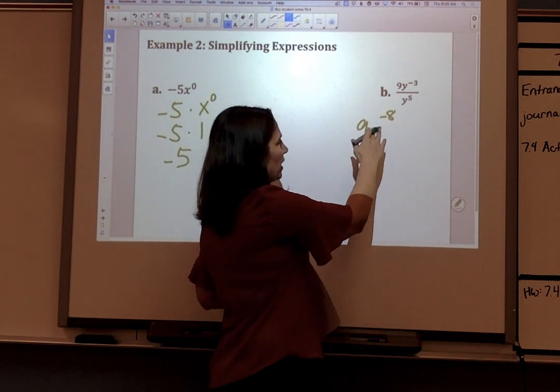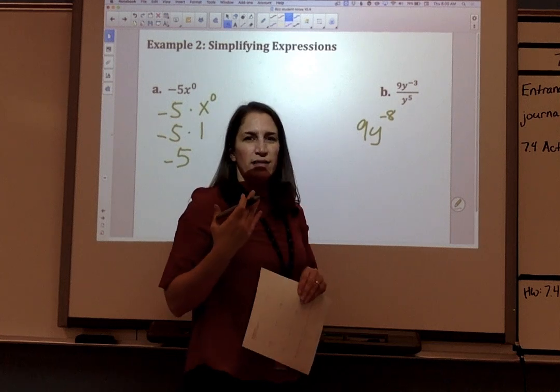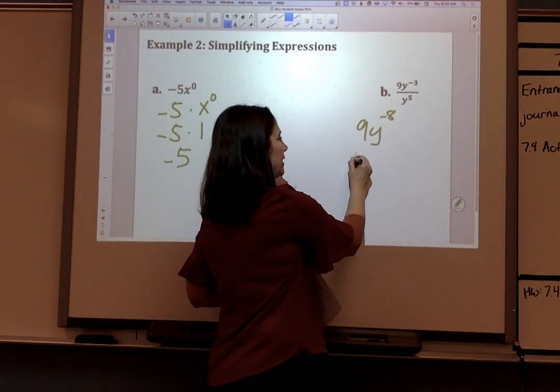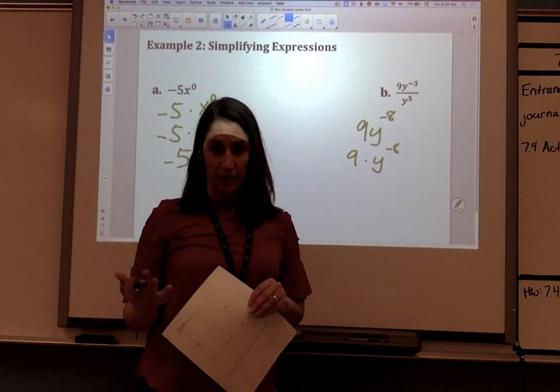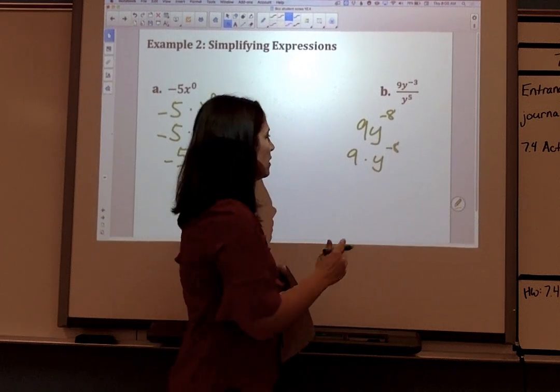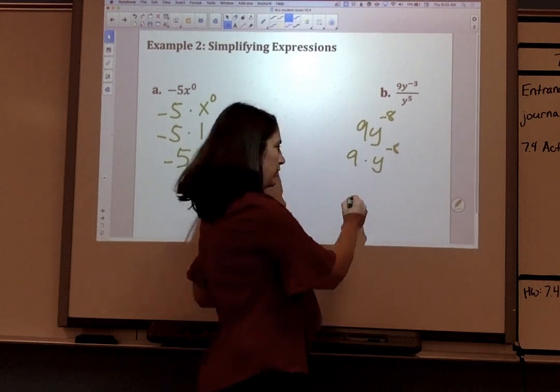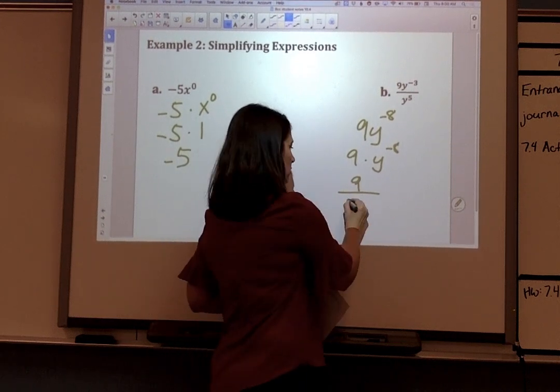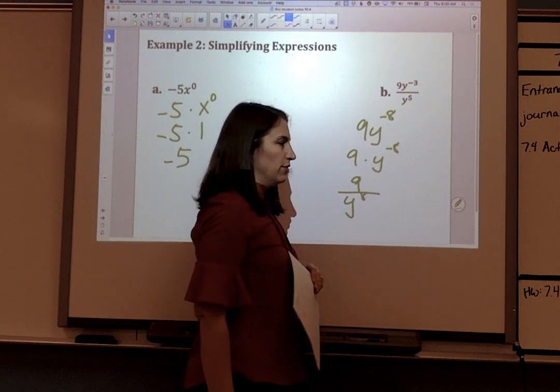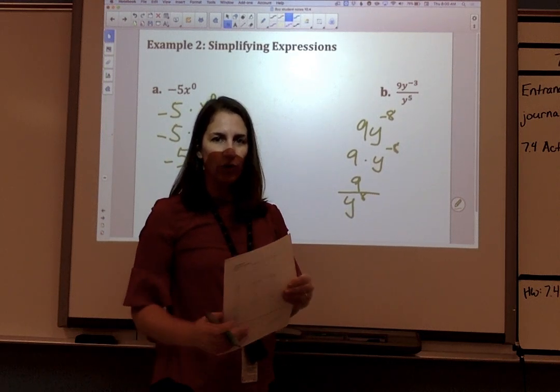And then when I look at what the power actually is, this is really like 9 times y to the negative 8th power. The 9 is not being taken to the negative 8th power. So the 9 is going to stay in the numerator, and the y to the 8th power will be moved down to the denominator. So it's 9 over y to the 8th.